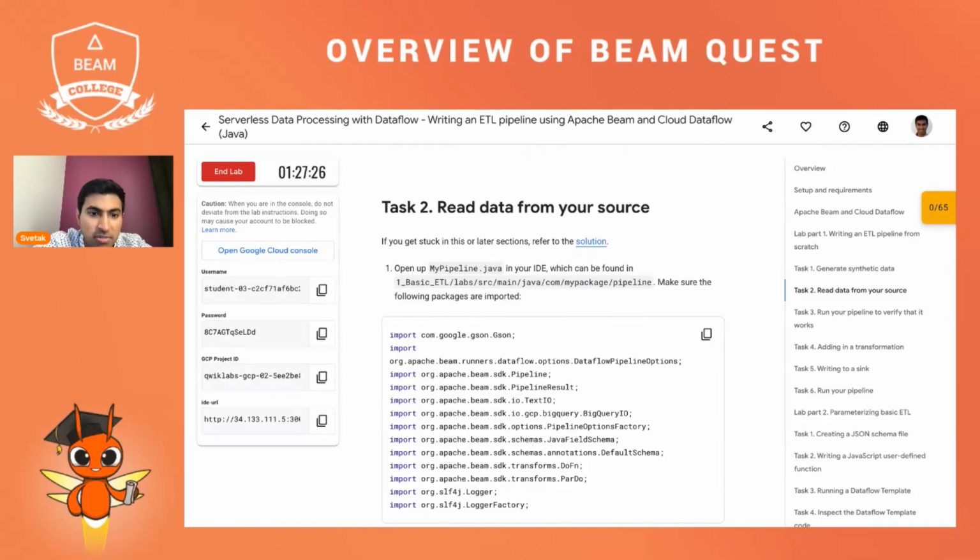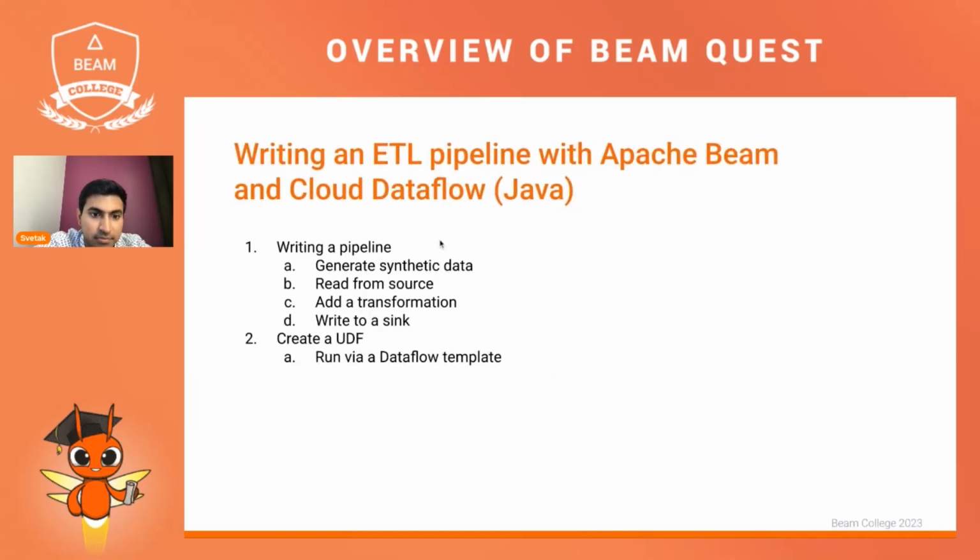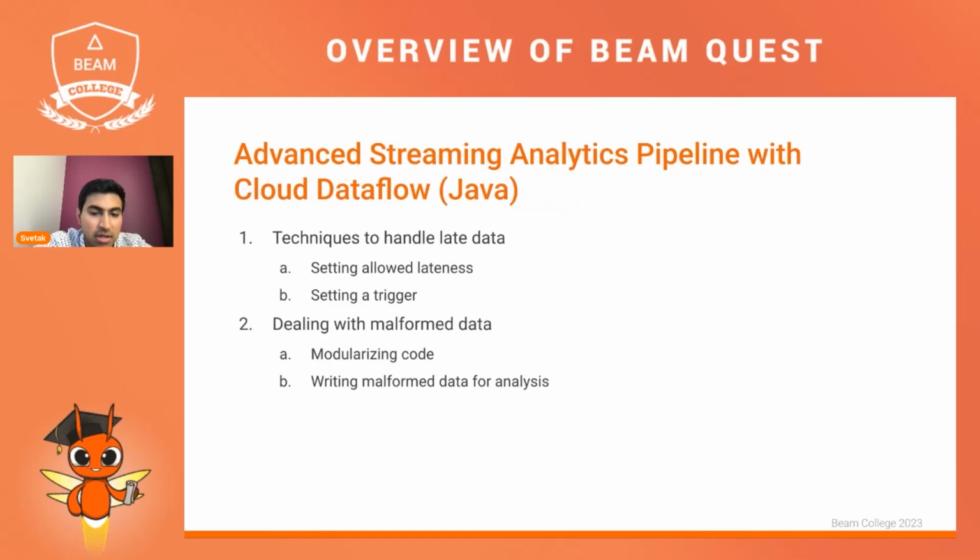Okay, now we can talk a little bit about the second lab. The second lab is going to be an advanced streaming analytics pipeline, running it on Cloud Dataflow. So this is going to delve a little deeper into the more advanced concepts.